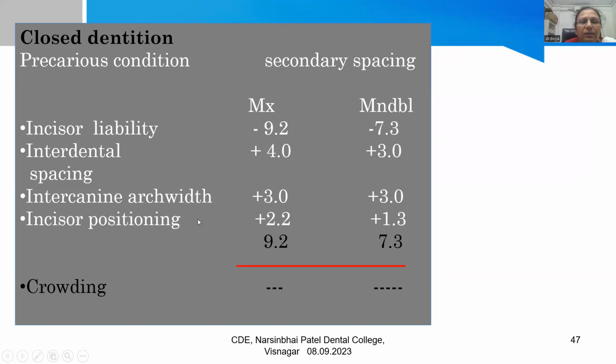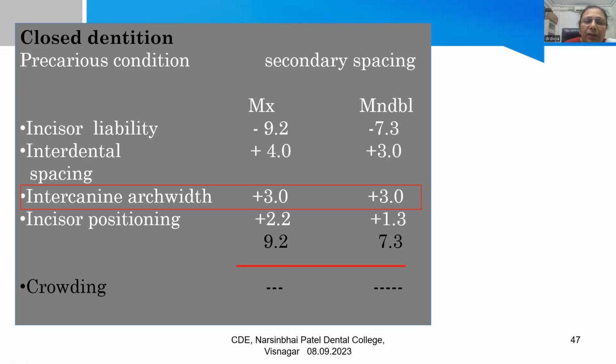Incisor positioning, that is increased axial inclination, is 2.2, 2.2. And you can see there is no crowding in the borderline arches. So this is a precarious condition where the arch can go to severe crowding if we are not vigilant enough.